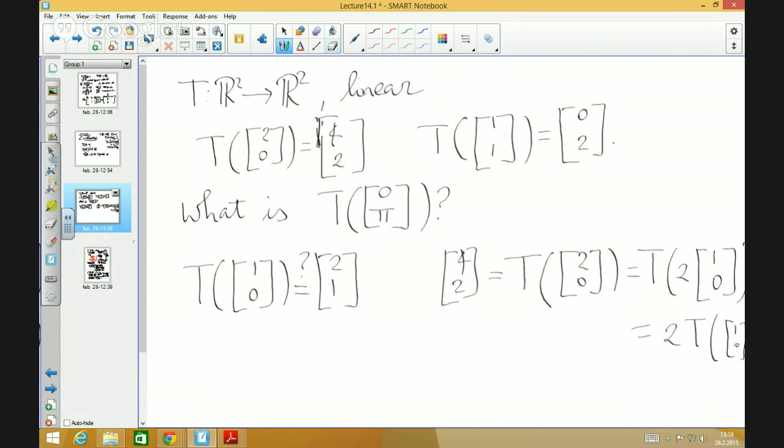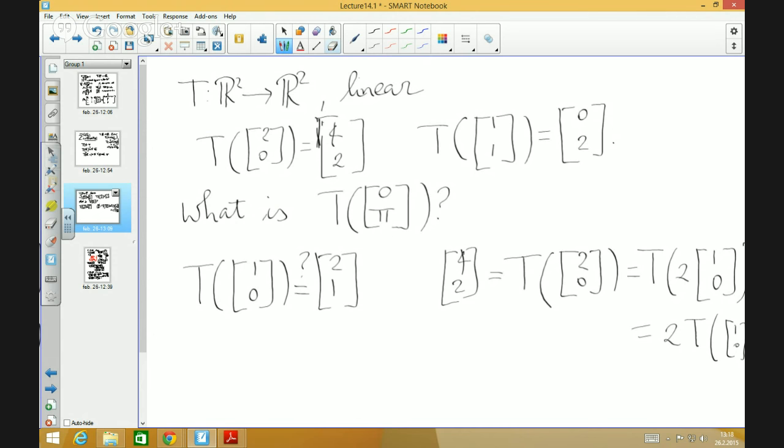But now I can hear your colleagues at home who can finally watch us. They're saying, yeah, well, why does it help us to figure out what T of (0,1) is? Your colleagues in the audience are saying, wait a minute, I've examined only part of my evidence.